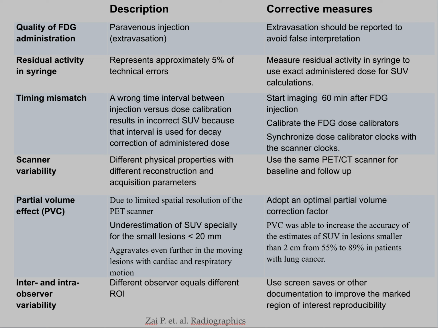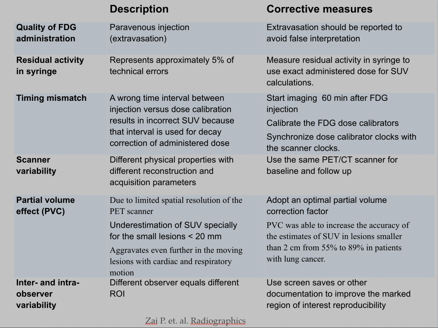There are a lot of other factors that contribute to SUV variability, and it has to do with quality of injection. So make sure that there's not a lot of tracer left in the syringe and that the tracer was not extravasated. It's also important to record the timing of when the dose was calibrated, when it was injected, and when the patient was actually imaged.